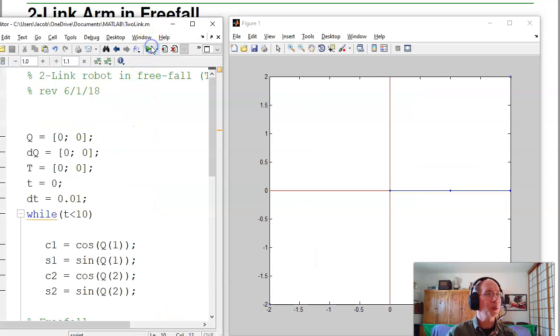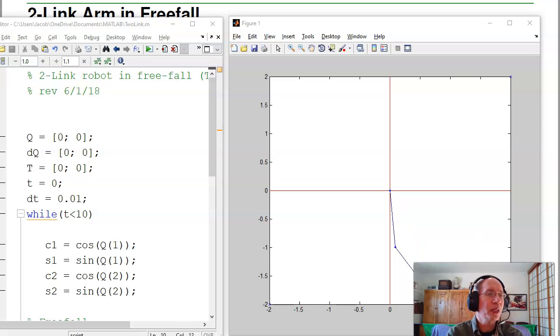And this is what it looks like. This is a 2-link arm in free fall. Kind of swings back and forth. Some of this isn't real obvious, but that's just the way it behaves. I've got kinetic energy, potential energy bouncing back and forth.